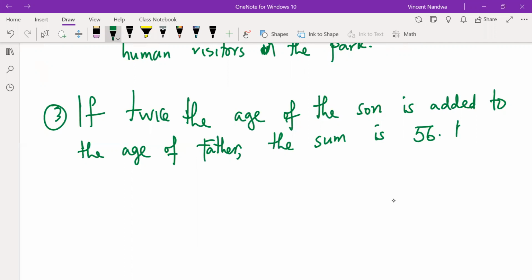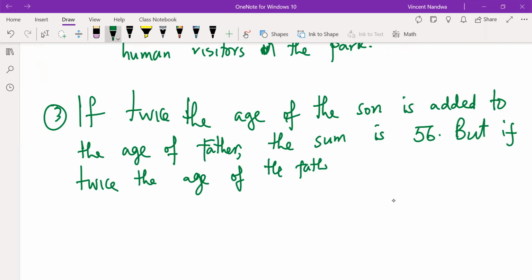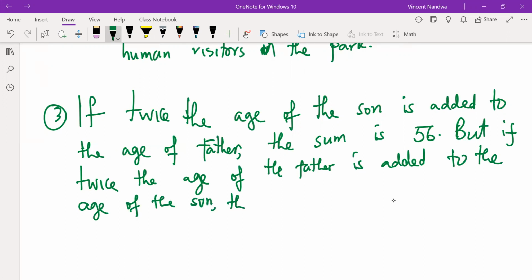But if twice the age of the father is added to the age of the son, the sum is 82.